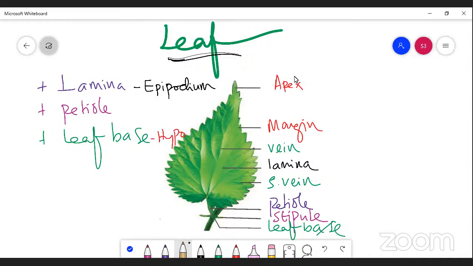The middle portion is called the mesopodium. This mesopodium is like a bridge that connects the leaf lamina along with the leaf base, which attaches to the stem, right? So this is called a leaf, right?